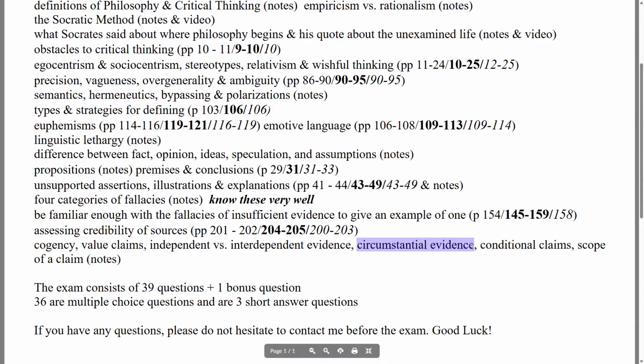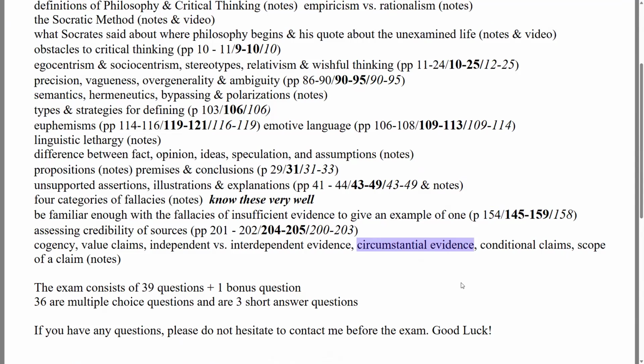Circumstantial evidence is okay evidence to use as long as you have enough of it and it does all point to the same conclusion. So if we have 12 pieces of circumstantial evidence in our argument, and only 3 of them point to the same conclusion that we want, well, that's not very strong circumstantial evidence.